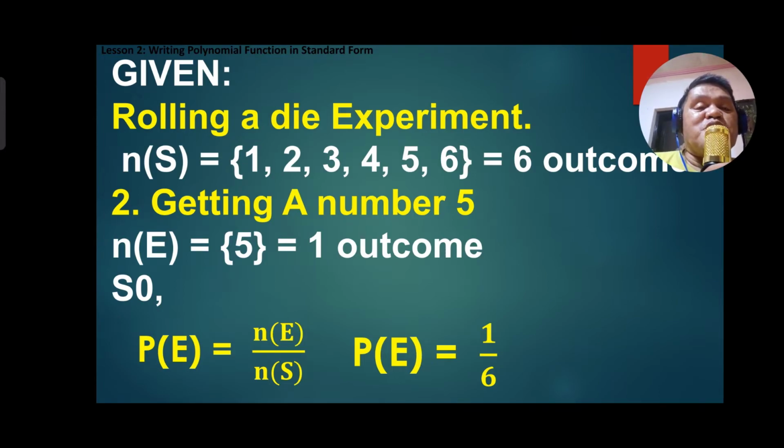The number of outcomes in the event is only 1, and the number of outcomes in the sample space is equal to 6. So the probability of obtaining a number 5 is equal to 1/6.